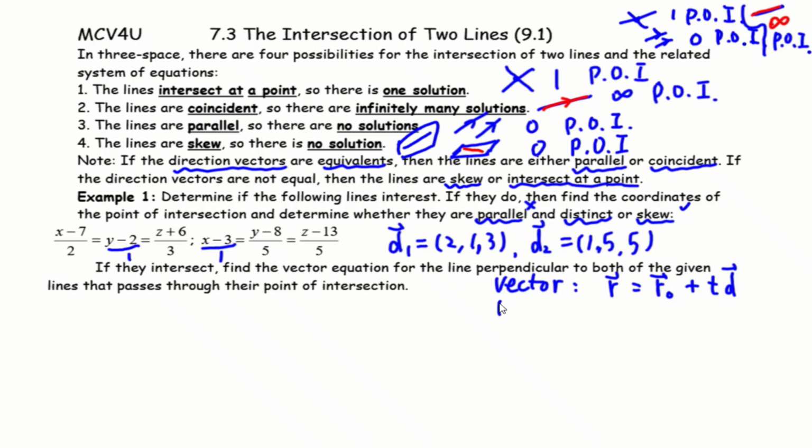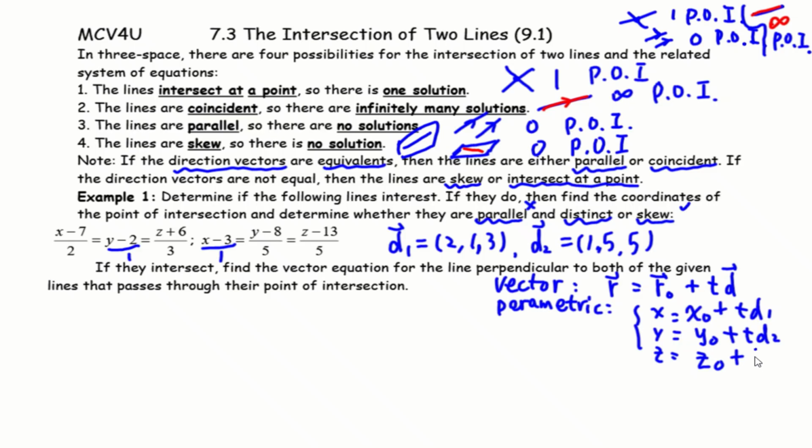Another one is the parametric equation, where we write the x, y, z components out: x equals x0 plus t d1, where d1 is the x direction, then y equals y0 plus t d2, and z equals z0 plus t d3. This is the parametric equation.